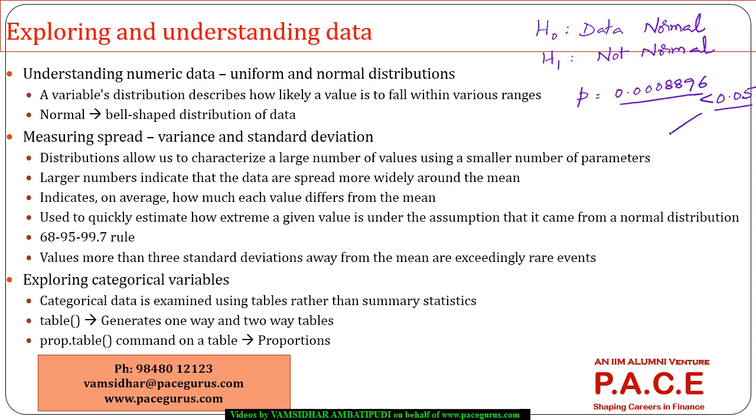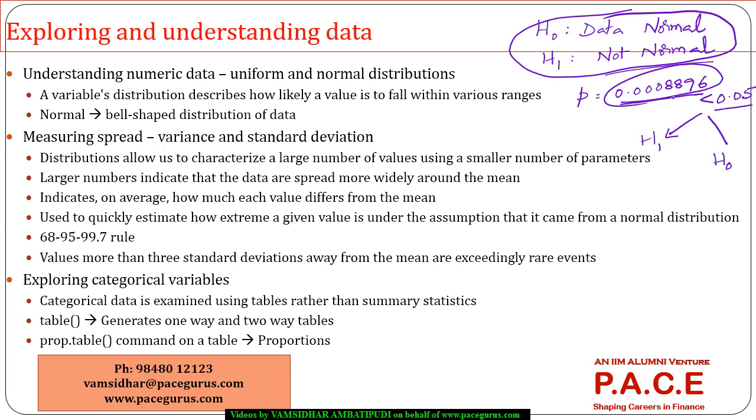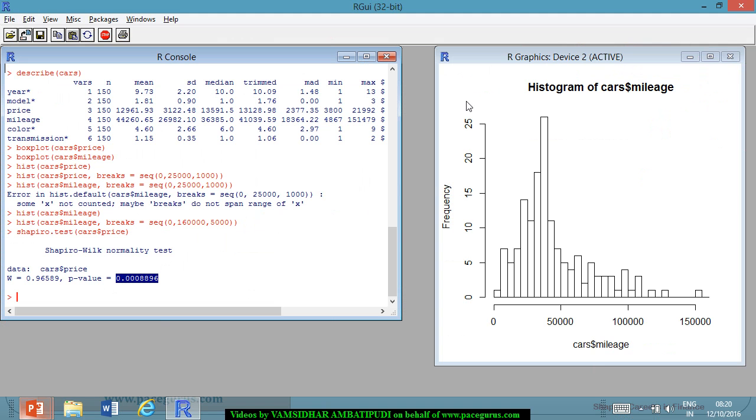If it is less than 0.05, you take your decision as the alternate hypothesis. This is always fixed. If it is greater than 0.05, you take your decision as the null hypothesis. Because this is less than 0.05, we are taking the decision as the alternate hypothesis, saying the data is not coming from a normally distributed population. So I can very well say price is not normally distributed.